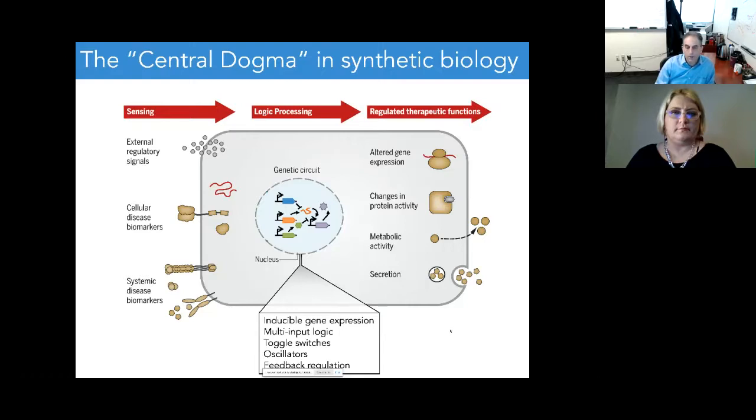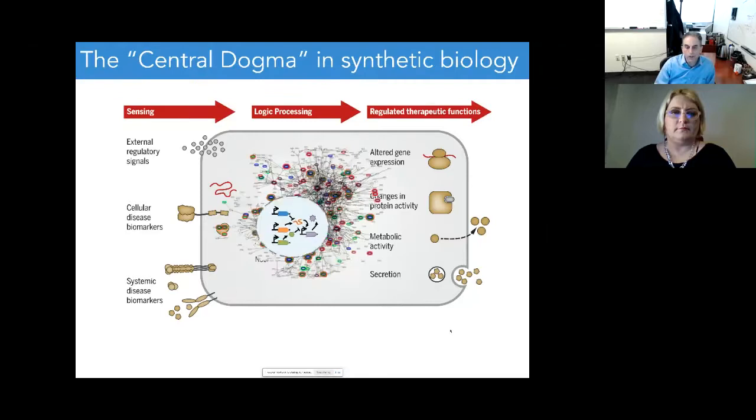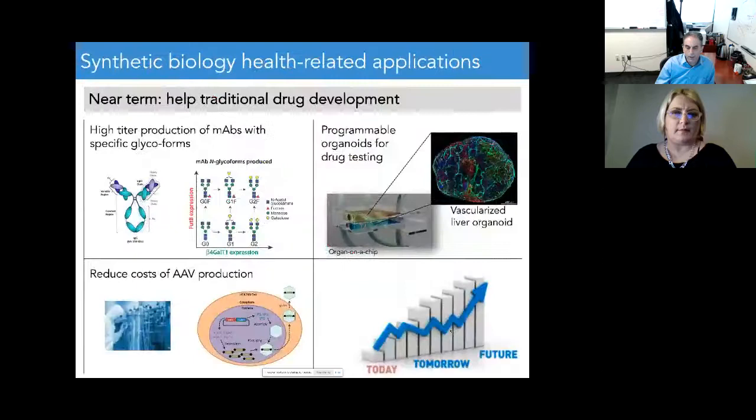Now, as I mentioned before, the biological substrate cells are really complex, so it's important to understand that these programs that we put inside the cell are really just small little programs within a very complex environment. And really appreciate that and try to understand how can we make reliable programs, despite the fact that we don't necessarily have a full and complete understanding of the complexity of the biological system.